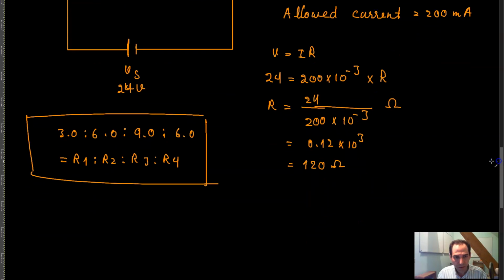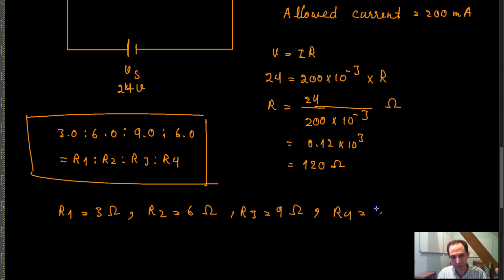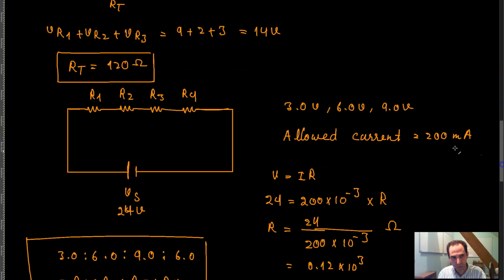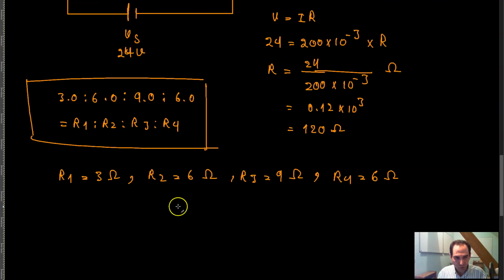If I take R1 as 3 ohms, R2 as 6 ohms, R3 as 9 ohms, and R4 as 6 ohms, 6 plus 9 is equal to 15, 15 plus 9 is equal to 24 ohms. That's well below 120 ohms, right? So in this case, R of T is equal to 24 ohms, right?